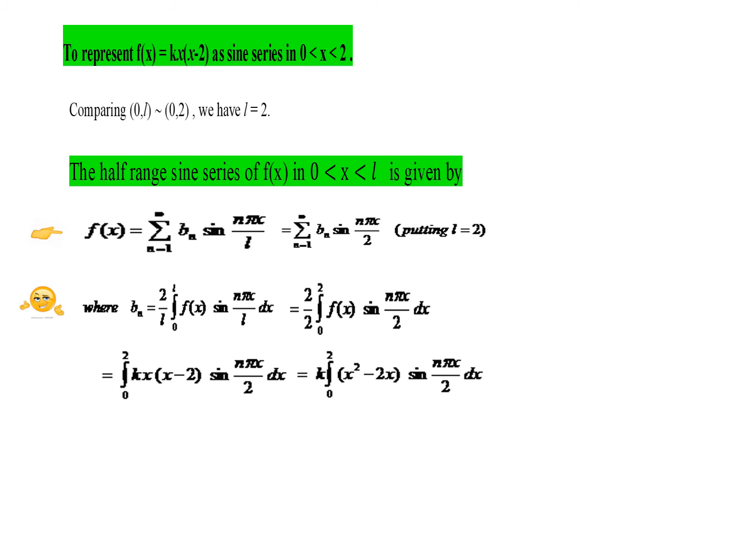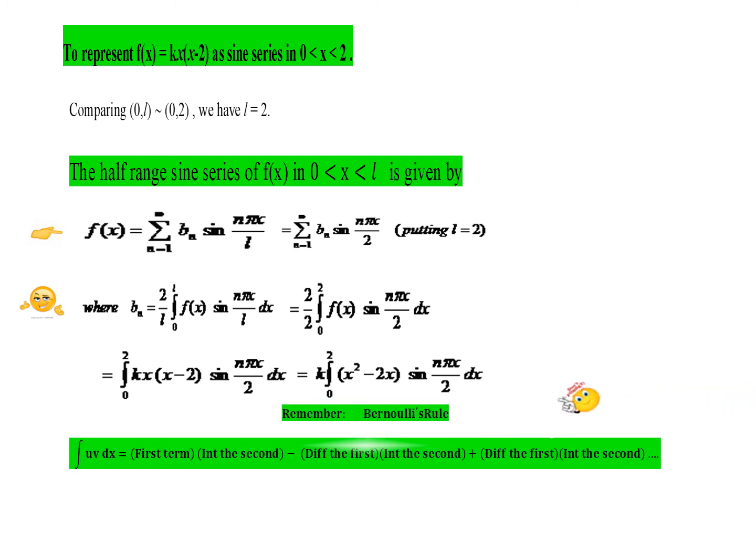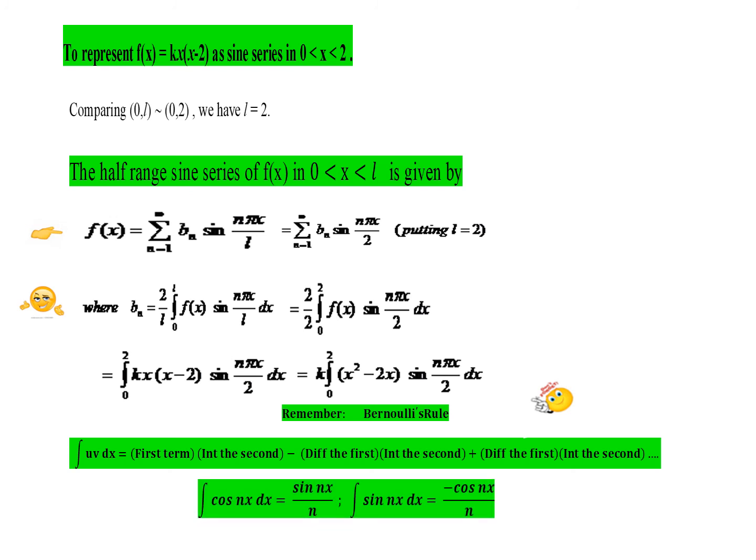Now remember, when we have a product of two terms in integration, what is the famous rule we apply? Bernoulli's rule: keep the first term, integrate the second, minus differentiate the first, integrate the second, and it goes on like that. So let us apply this rule here. Before applying that, let's also look into these formulas. Integral cos nx is sin nx by n, and integral sin nx is minus cos nx by n.